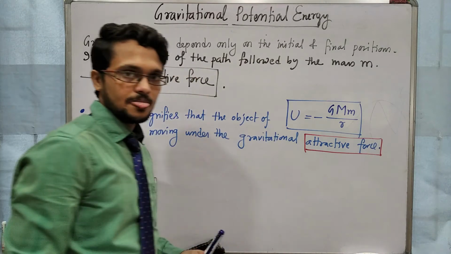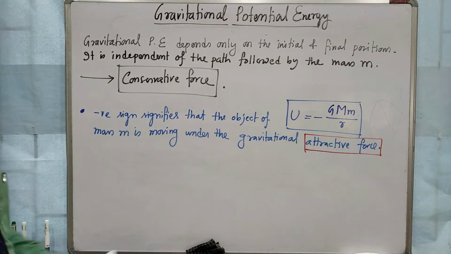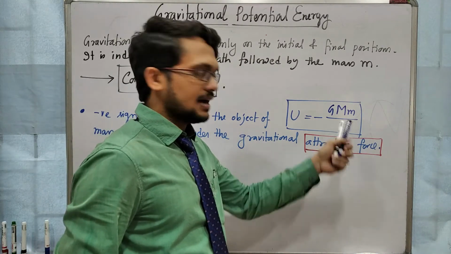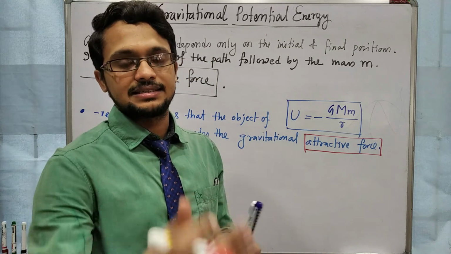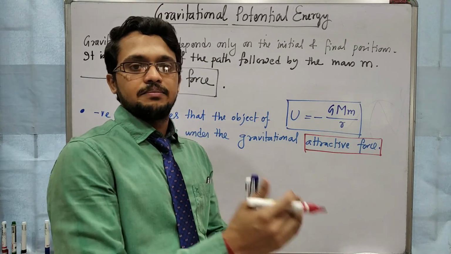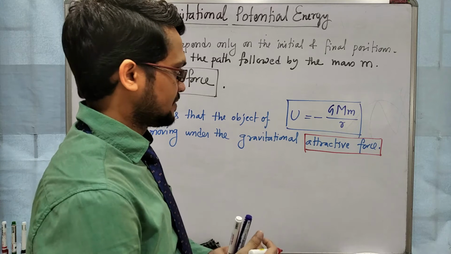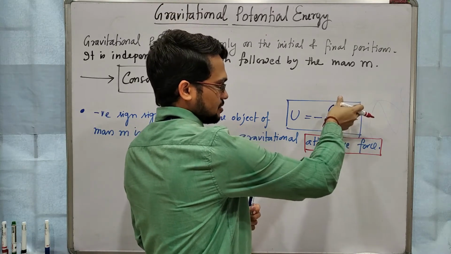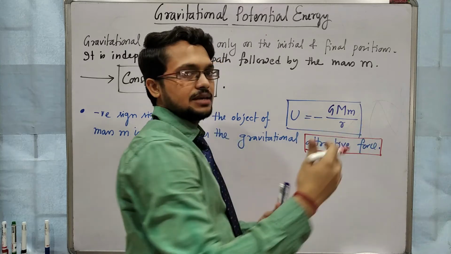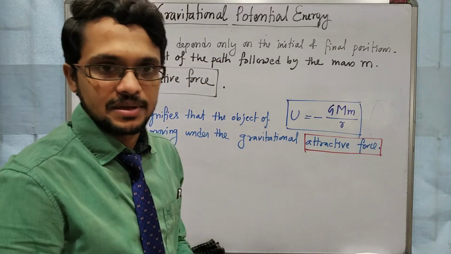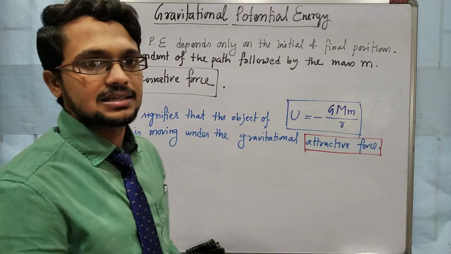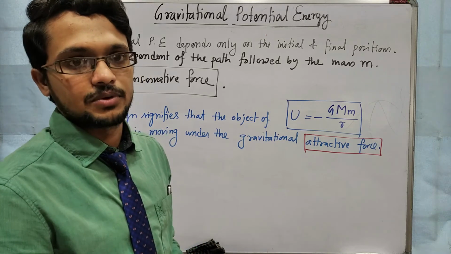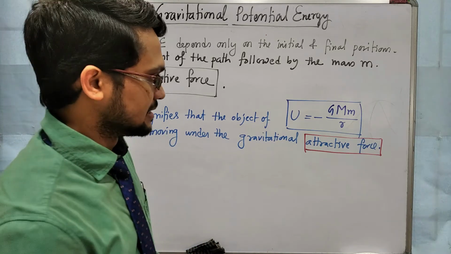Okay, clear? So when this value r decreases, that means it is coming towards the planet of mass capital M, then r decreases means this value will increase. So it is becoming more negative, and more negative means the potential energy is becoming less.